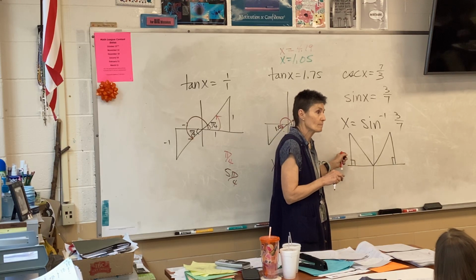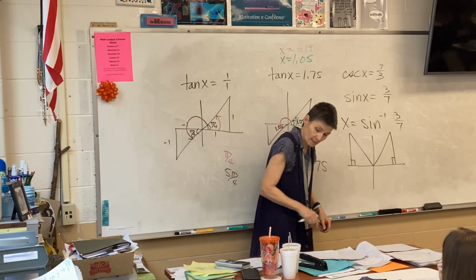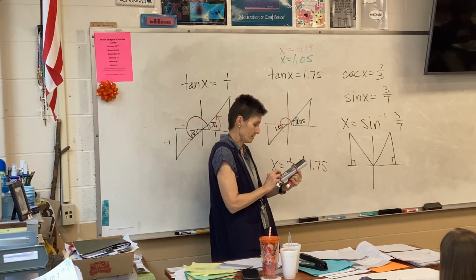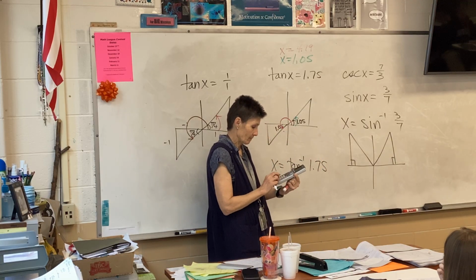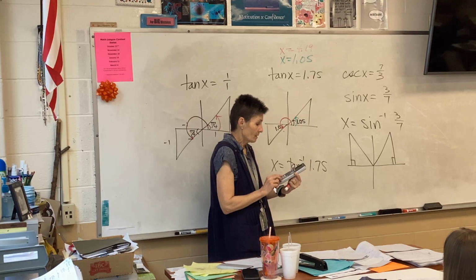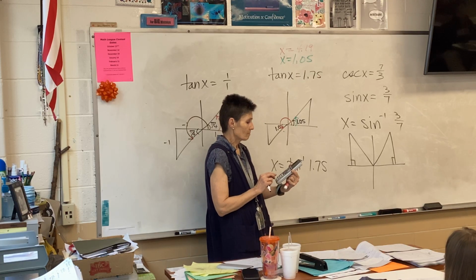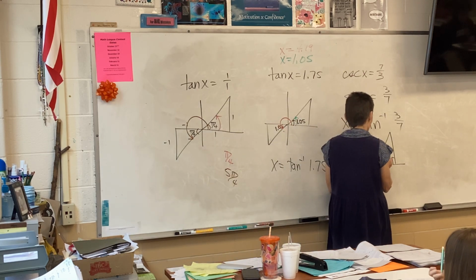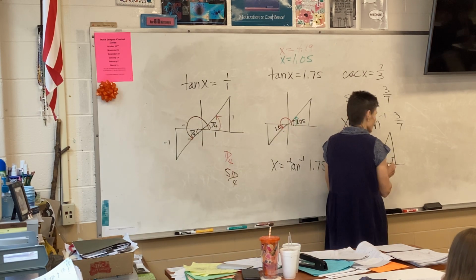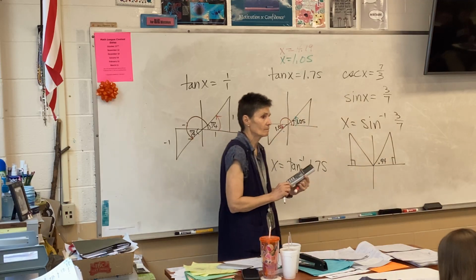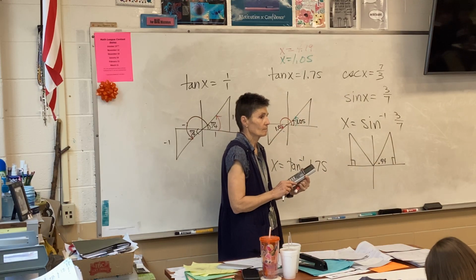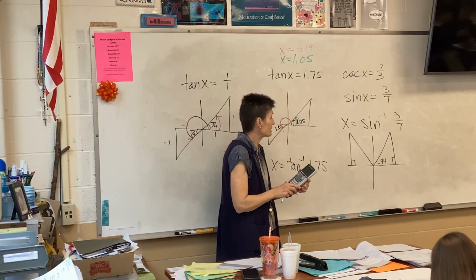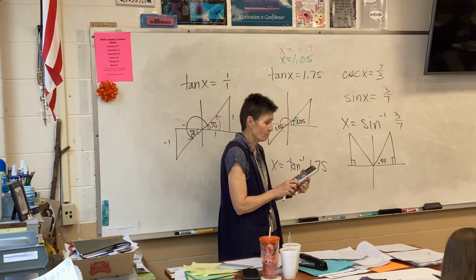All right, so what did you get when you did second sine 3/7? 0.44. This angle is 0.44. Second sine 3/7 should be 0.44.